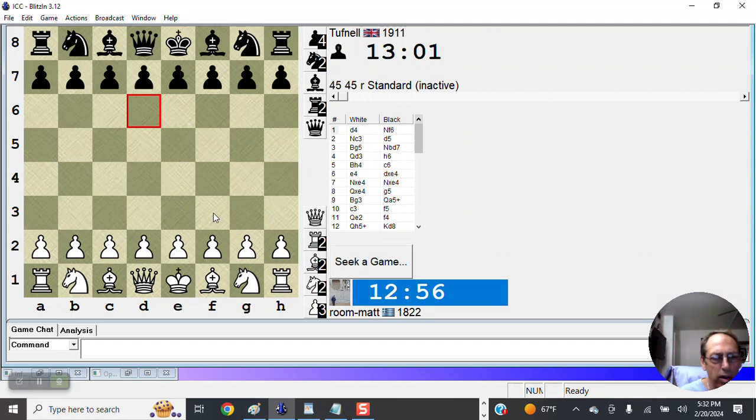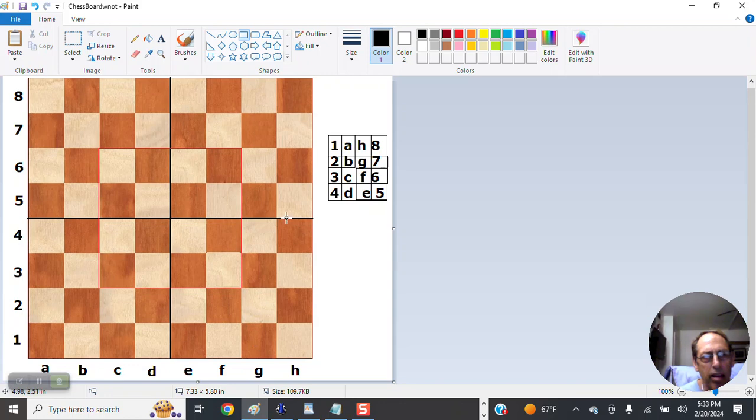So the square here would be F3. So one of our first tasks is to become familiar enough with the chessboard that even without coloration and letters and numbers, we can identify the squares. So let's get ready to do that.